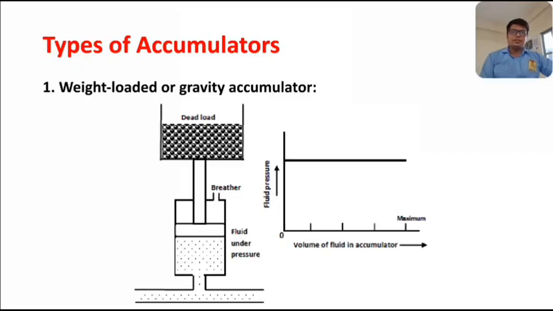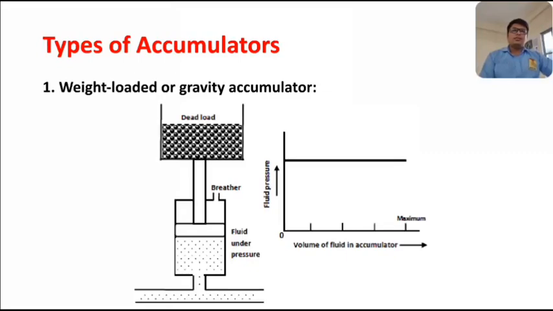When the hydraulic fluid is pumped, the weight is raised, and after that the weight applies a force on the piston that generates a pressure on the fluid side of the piston.